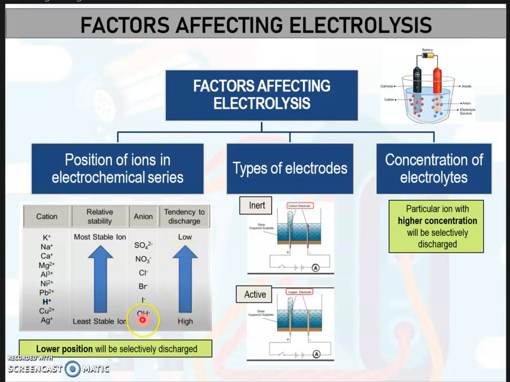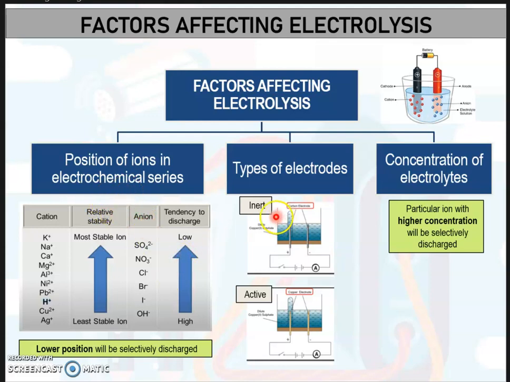The species at the lower position will have high tendency to be discharged. Lower position will be selectively discharged. So that is the position of ion in the electrochemical series.